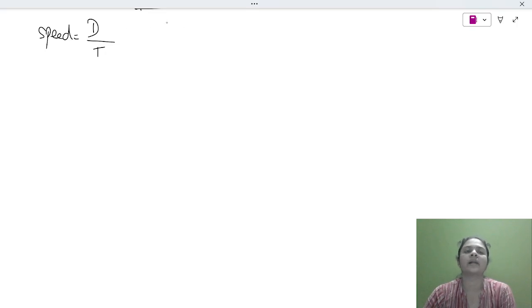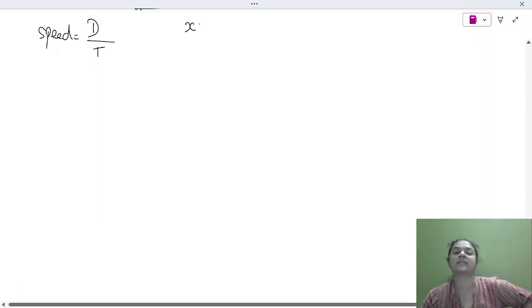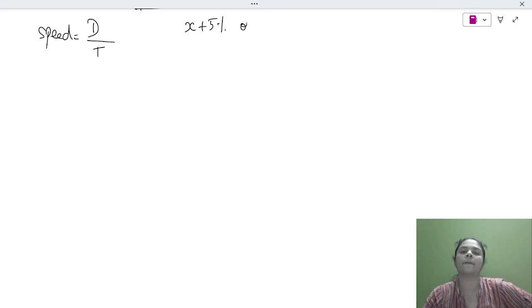Now let us assume the distance is x, which is increasing by how much? 5% increase. So x plus 5%, or x into 105%.